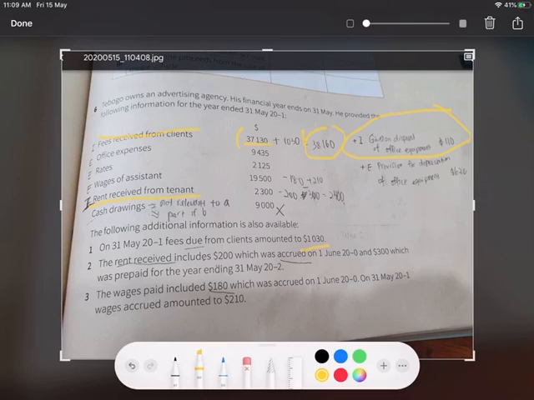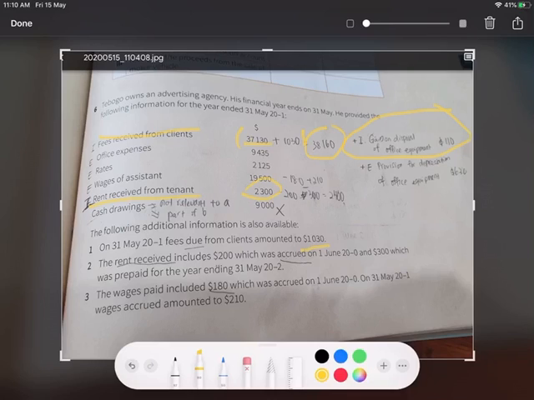Rent received from tenants includes 200, which was accrued from the previous year. So this 200 is part of the $2,300 that has already been received, which was owing from the previous year, and it also includes $300 that is relevant to the next financial year.